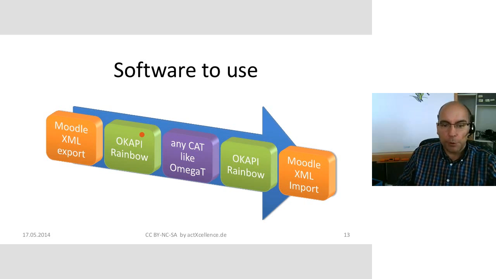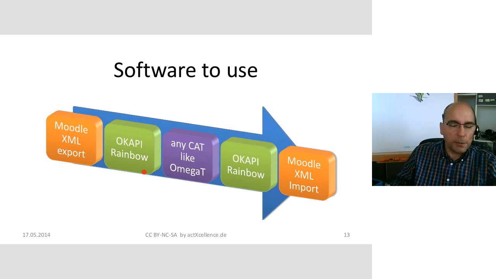And it's really a new world that opened to me when I discovered this XML software. Before I heard about XML, to be honest, I didn't understand what is so good to have an XML export in Moodle.